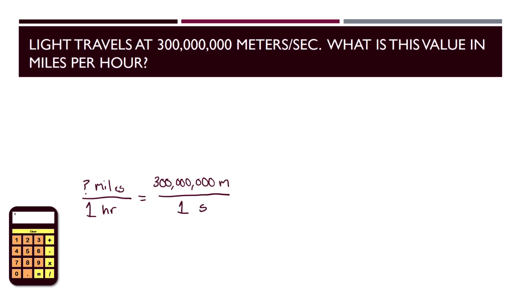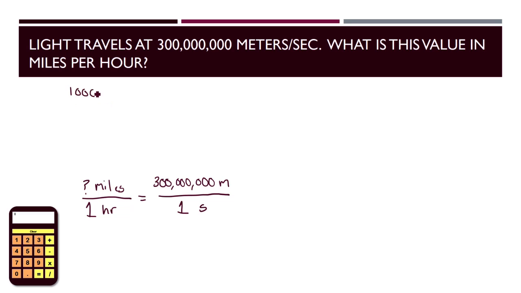Okay, so I'm going to need just a couple of conversion factors, a couple of equalities that's going to allow me to convert from meters per second into miles per hour. Here's some that I happen to know.